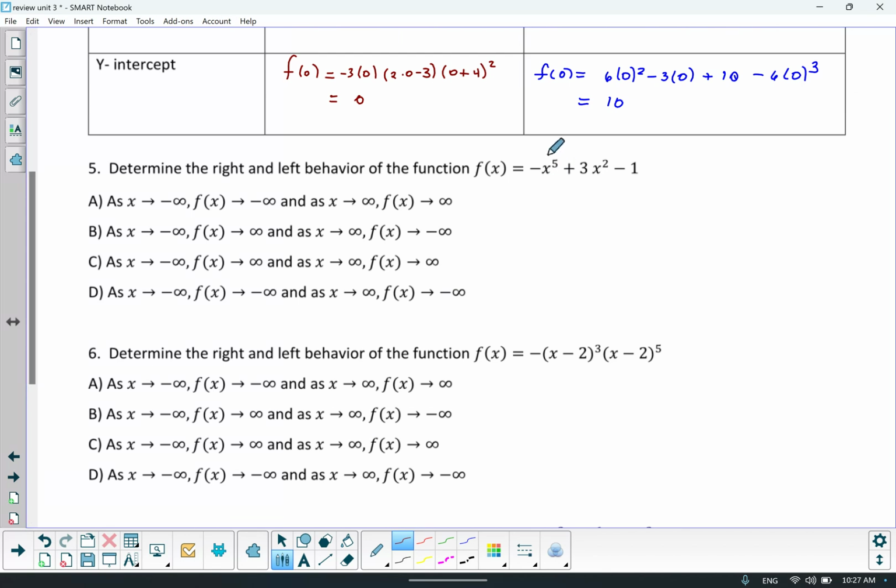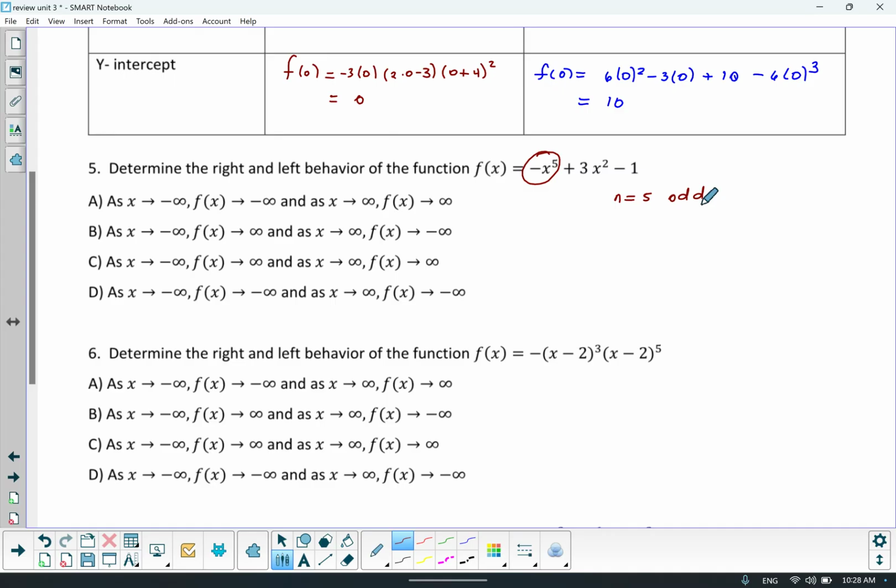So let's look at multiple choice questions on this topic. The very first thing is this function is in standard form on number 5. The term containing the highest degree is negative x to the 5th, so n is 5, which is an odd number.